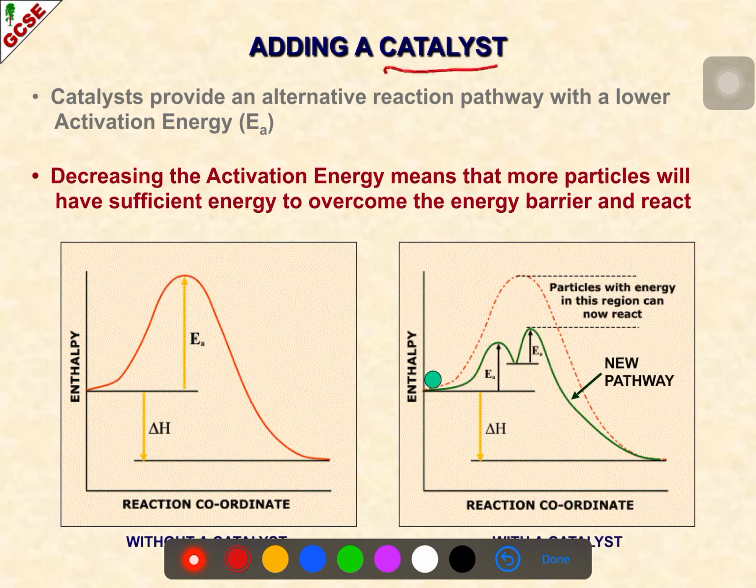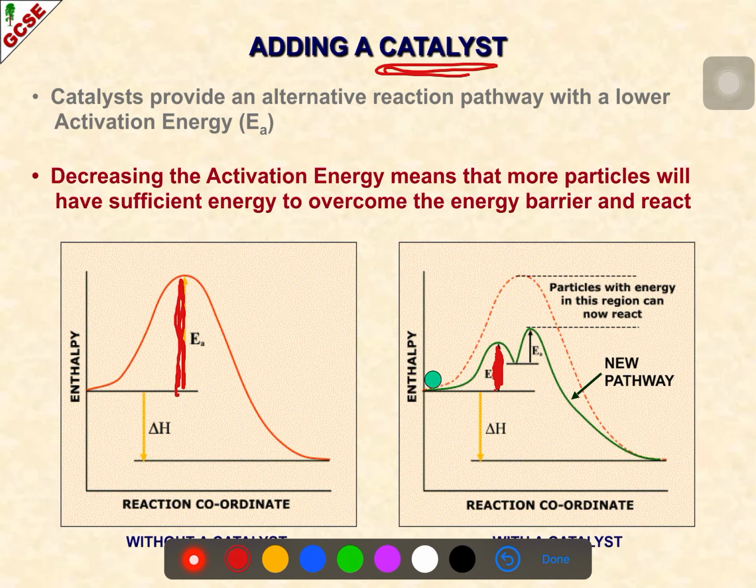That's why you are adding a catalyst. Look, this is the graph when you are adding a catalyst, all right? So this is the activation energy of a reaction with a catalyst, and this is the activation energy of a reaction without a catalyst.